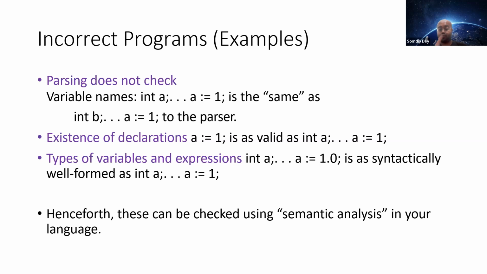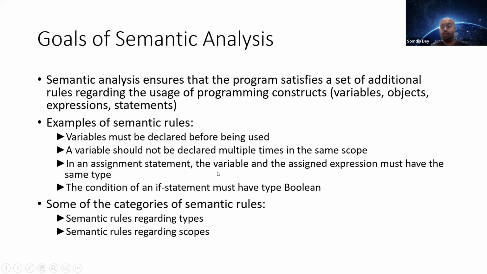So you have lexical analysis or the tokenizer as part of the compiler. Then you have the parsing phase. After the parsing phase, semantic analysis happens, where you mostly do semantic checking or type checking itself. The main goal of semantic analysis is to ensure that the program satisfies a set of additional rules regarding the use of programming constructs, such as variables, objects, expressions, and statements.